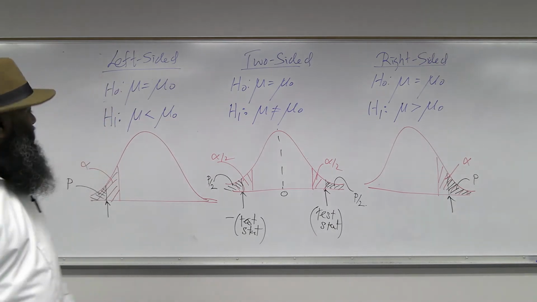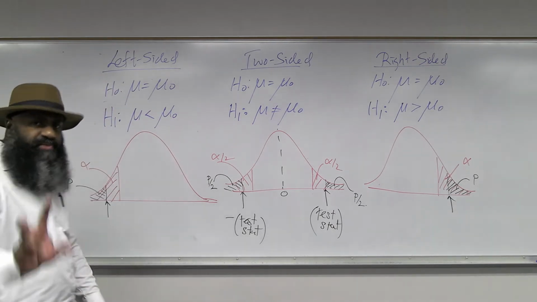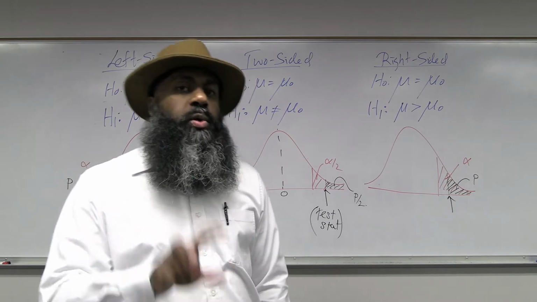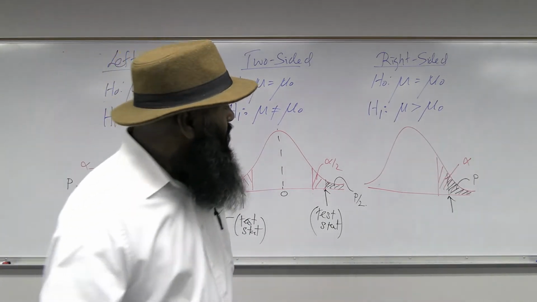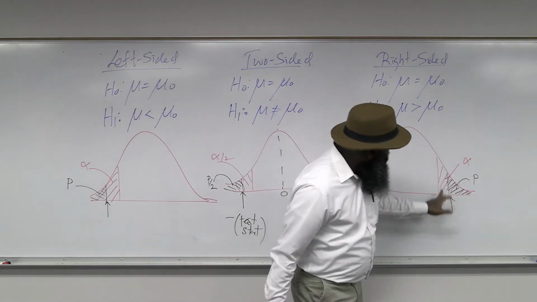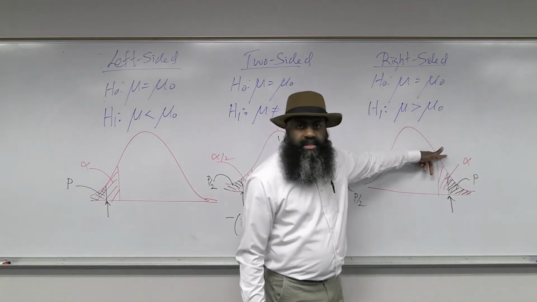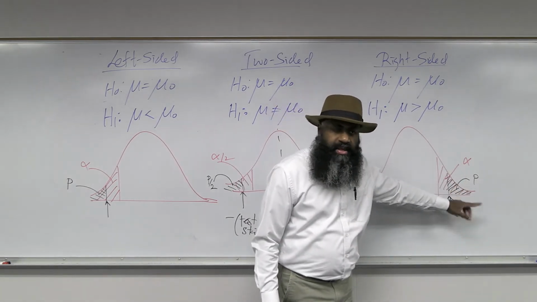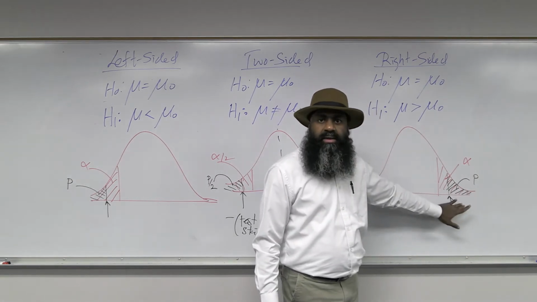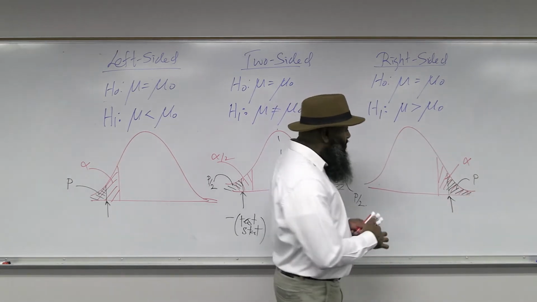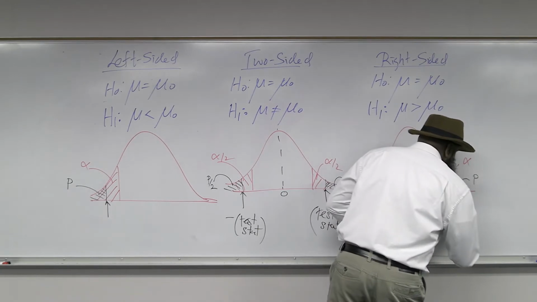Now, all three cases have some specific characteristic to reject the null hypothesis. Which one is larger? P-value or alpha for this case? Alpha is larger, p-value is smaller. In this situation, I reject my null hypothesis. Okay? So this point is the test statistic.